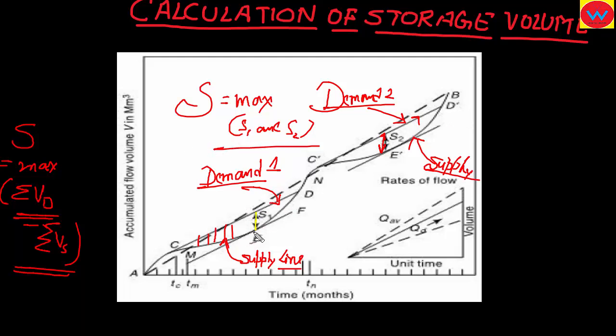For calculating the storage, you draw the tangent to the highest reach point and then calculate the difference at the maximum ordinate, where the difference is maximum. That will be the storage for that season, and you repeat this process for another season with another set of values. After doing this you have 3-4 values, and the maximum of those will be your storage capacity.